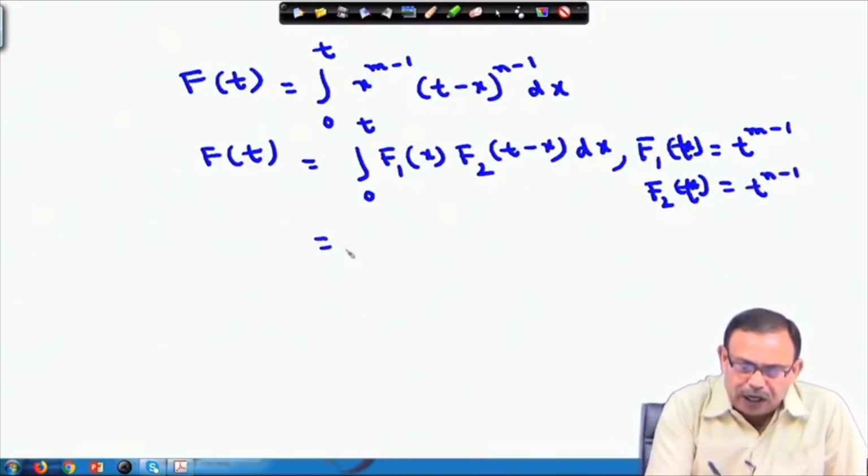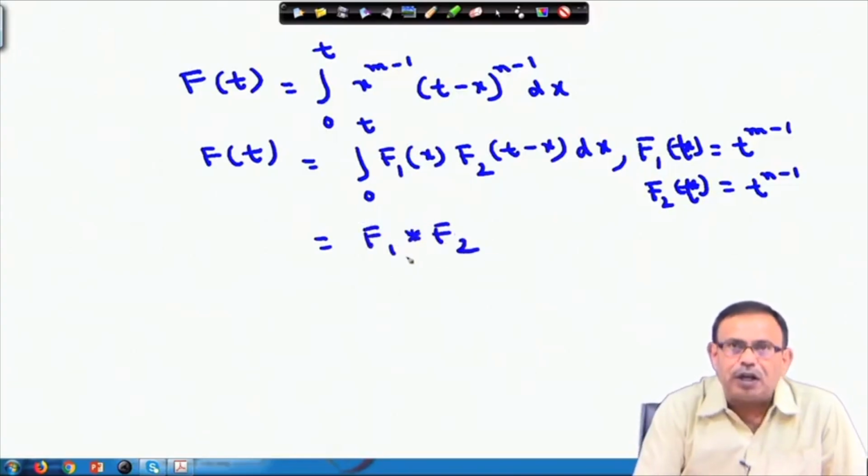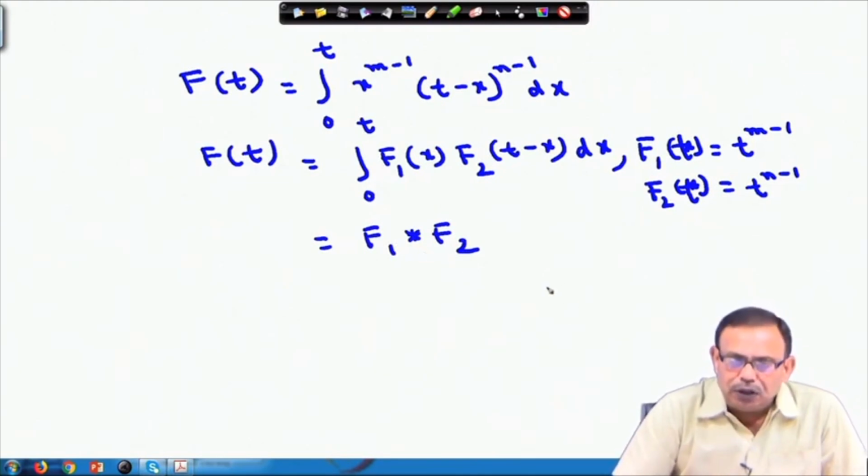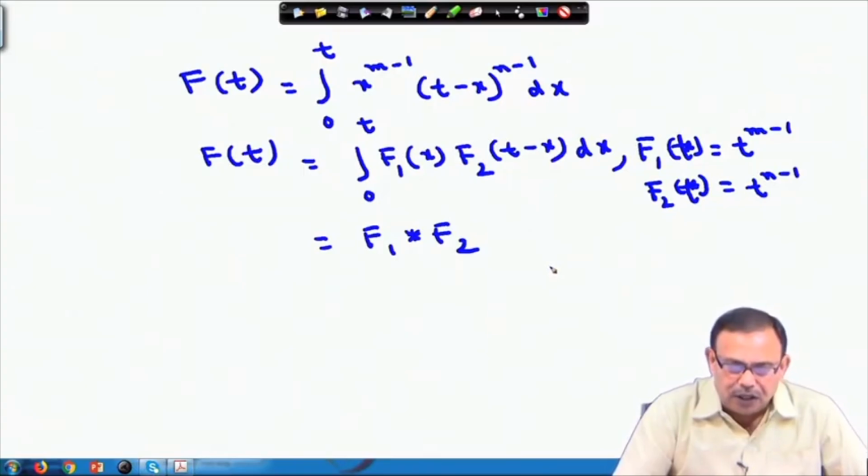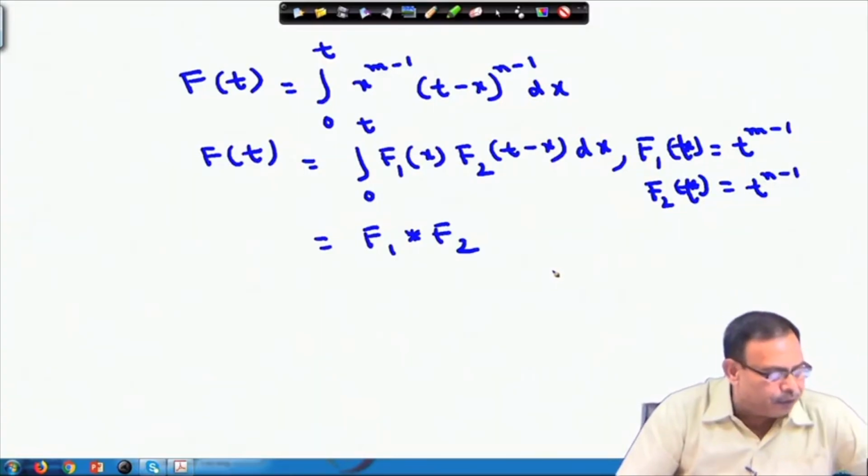So I can write it as f 1 star f 2. This we can write using the convolution theorem: the integral from 0 to t of f 1 x into f 2 t minus x, I can write as f 1 star f 2.